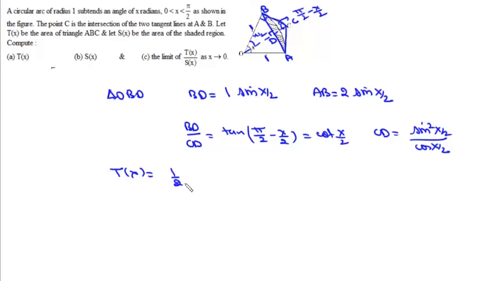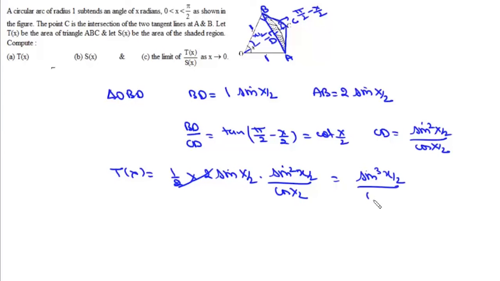So this Tx will be 1 by 2 into 2 sine x by 2 into sine square x by 2 upon cos x by 2. 2 will cancel. So we'll get this as sine cube x by 2 upon cos x by 2.